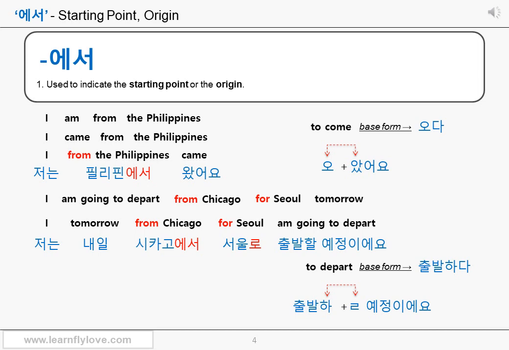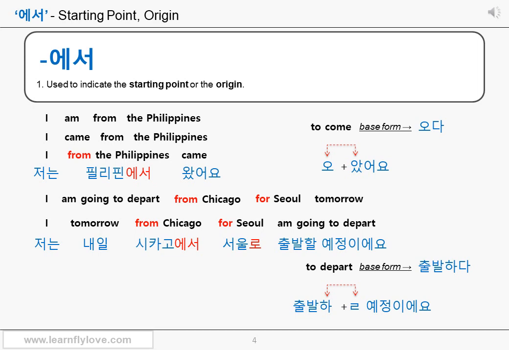The 울 sound of 서울 has a final consonant, so you add a 로 sound: 서울로. Depart. The base form of the verb to depart is 출발하다. 출발하 is the stem.